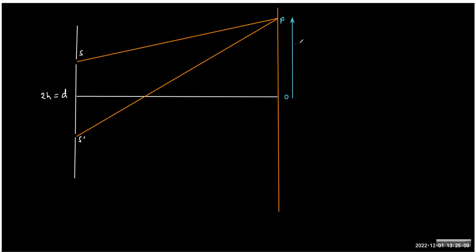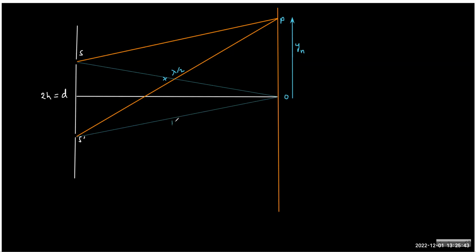So this is the Yn. Now the S dash P, the way we solve is we take S dash P by adding lambda by 2 extra. So even the P point will look like this. This is lambda by 2 extra. Okay. And therefore, even if you are at the origin of the screen, at the center of the screen, these paths are not equal.